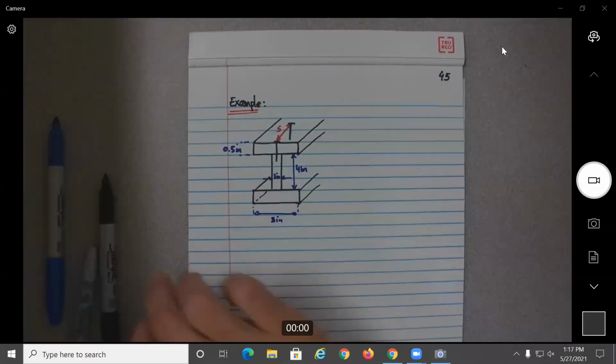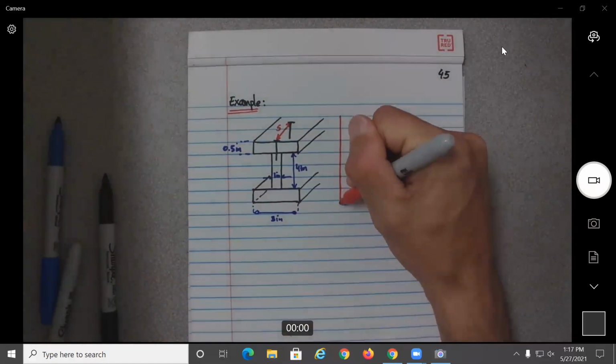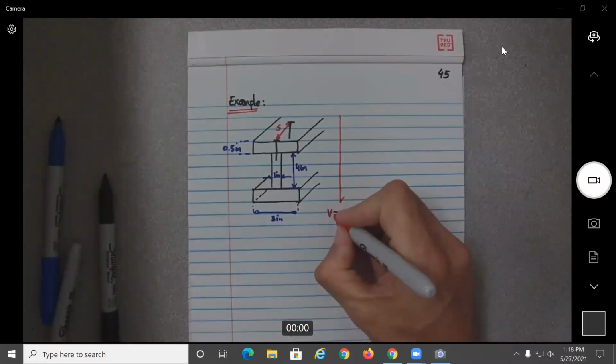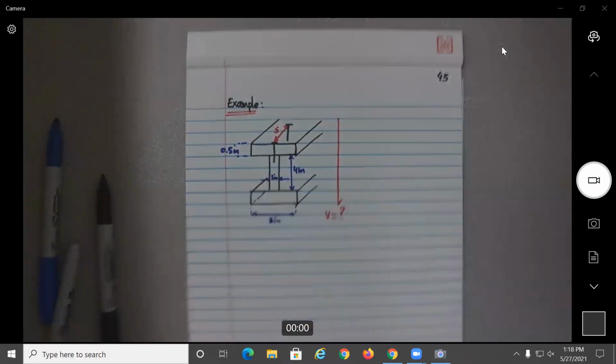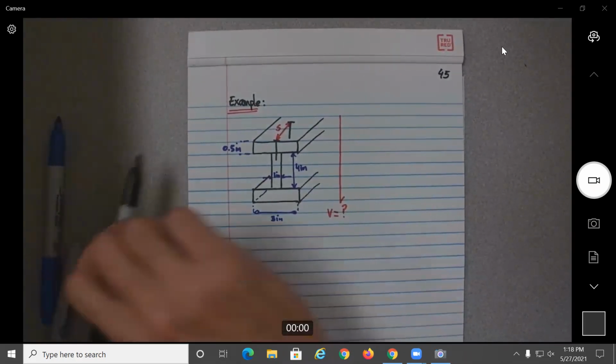Okay, and let's say both of these are subjected to a shear force V that I put over here, which will be what we need to find. So this will be the first way to build the I cross section.